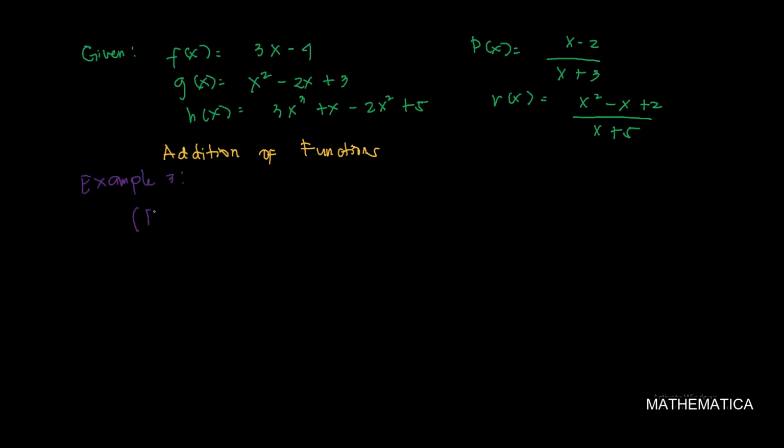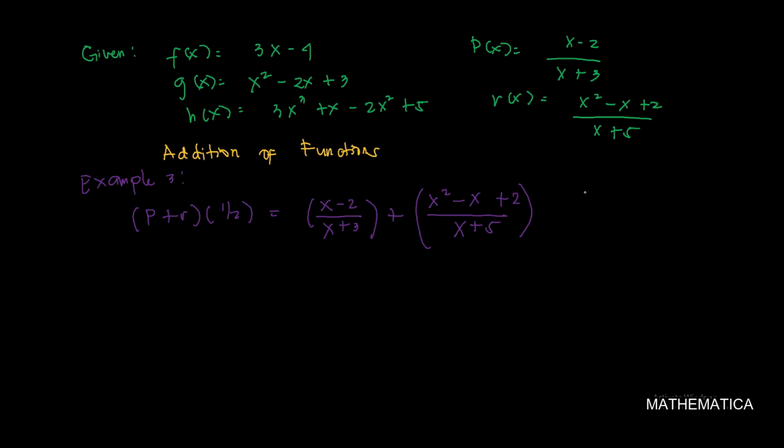Example 3. Let us determine the function P plus R of 1/2. So, it's something like we are simplifying an algebraic expression. So, we have to look for the LCD. Ano ba yung LCD na yun?